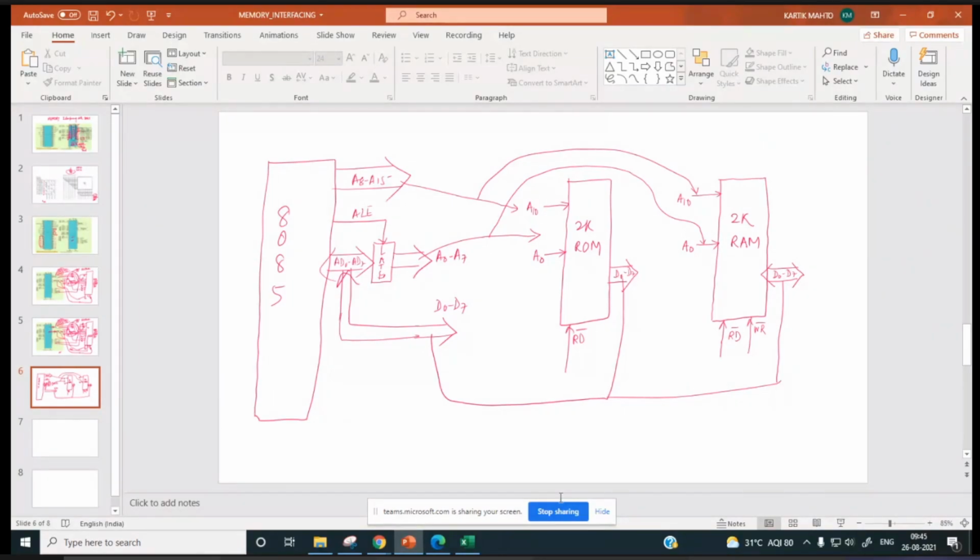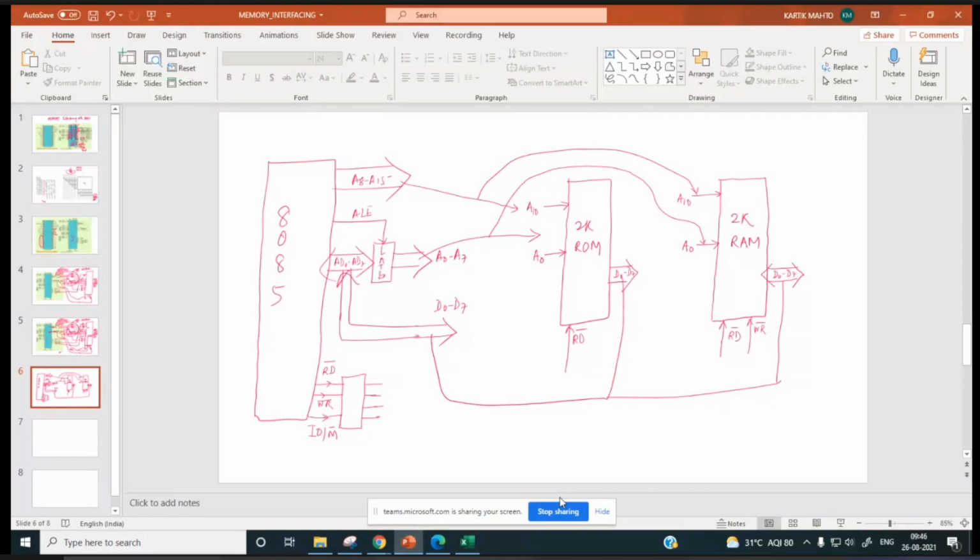Next, processor will be sending read bar from here, write bar from here, and IOM bar also. These 3 pins will be sent to a decoder, and it will generate 4 outputs. See, 3 pins are there, so 8 different outputs will be there. Out of these 8, only 4 will be used.